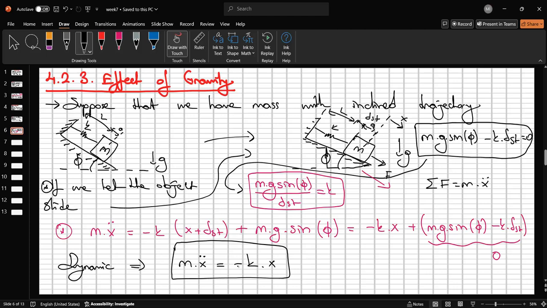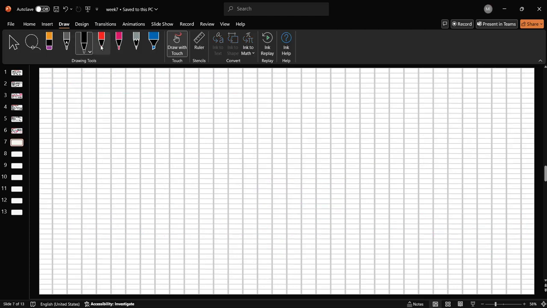Okay. So we need to solve this equation, solving the equation of motion.